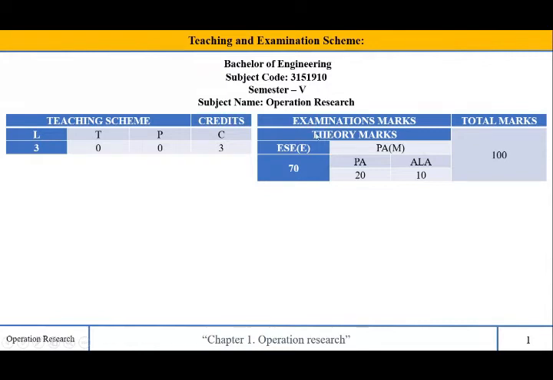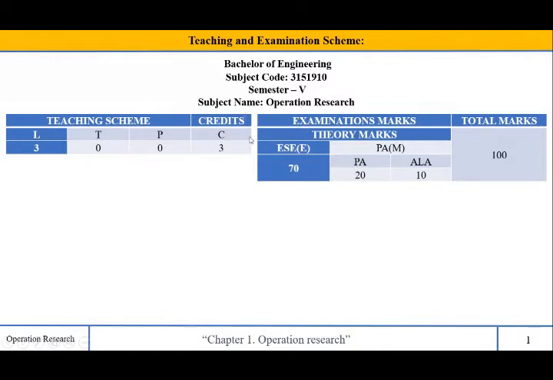For examination marks, the theory marks will include the end semester examination of 70 marks. For PA, it will depend on the college or institute, whether it takes 30 marks mid-sem or some other way of its own. So the total will be 100 marks. So the subject will be of 100 marks having a credit of 3.